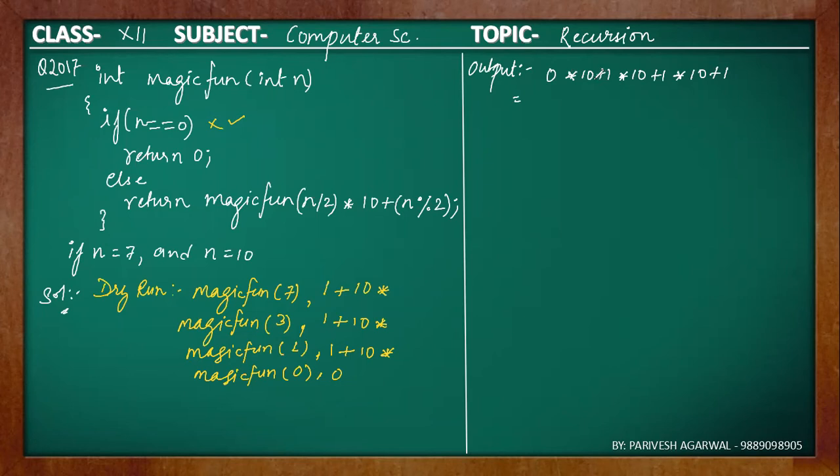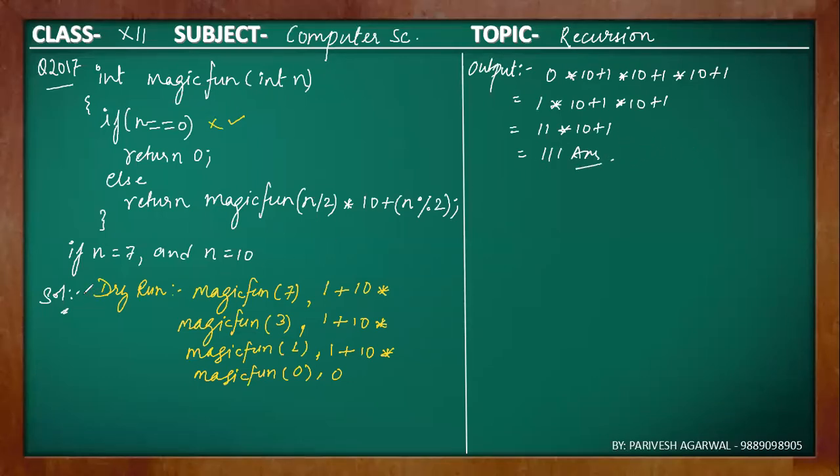So 0 times 10 is 0, 0 plus 1 is 1. 1 multiply 10 plus 1: 1 times 10 is 10, 10 plus 1 is 11. 11 multiply 10 plus 1: 11 times 10 is 110, plus 1 is 111. So 111 will be your output, and it returns the value 111.